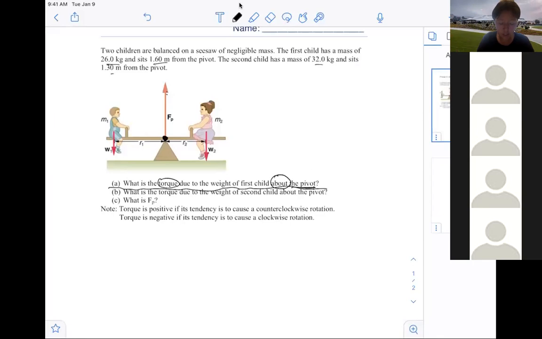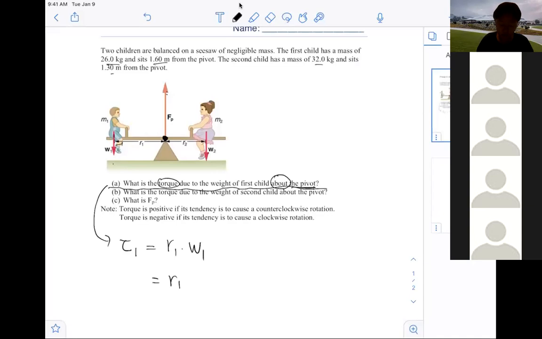So this is the weight of the first child, and that weight is going to generate a torque. So we're going to calculate the torque due to the weight of the first child. How do we calculate it? In this case, the W and R are already perpendicular, right? So you simply take R1 times weight 1 for the magnitude.